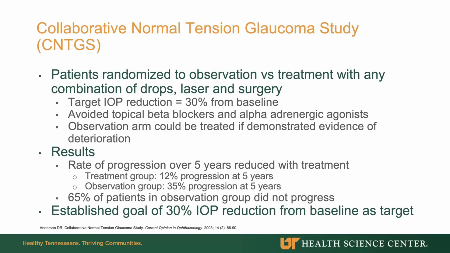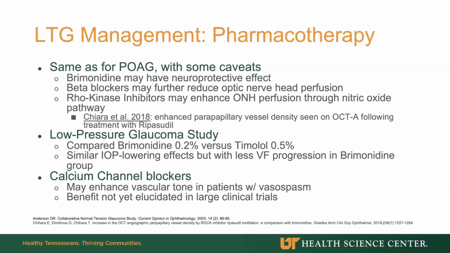Curious. And so it makes you wonder if potentially those patients had some of those other comorbidities contributing in a more important way. And so this study established the goal of 30% IOP reduction from baseline as the target for patients with normal or low tension glaucoma.